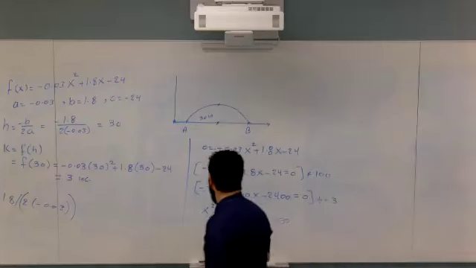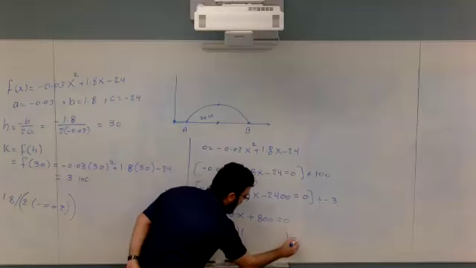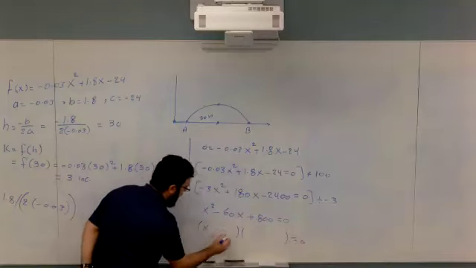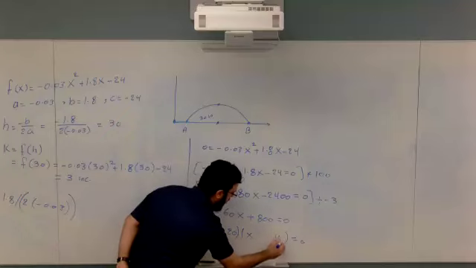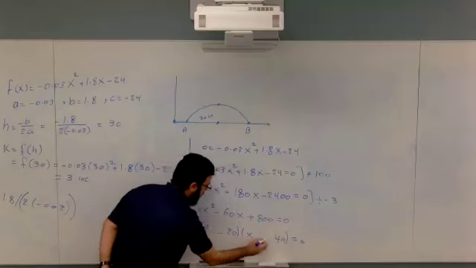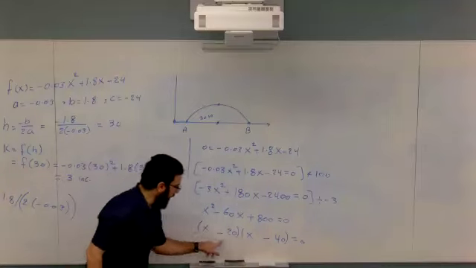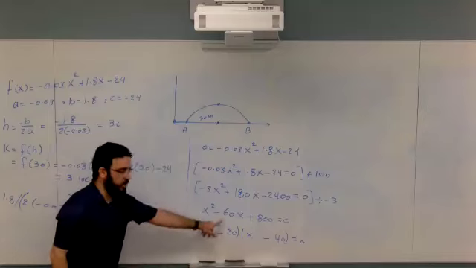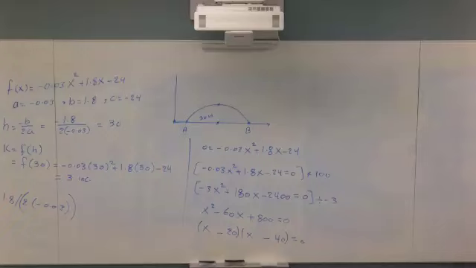So can I do that? So I'm going to say 2 parentheses equals 0, x minus 20, x minus 40. Negative 20x, negative 40x, combined, it's going to be negative 60x.